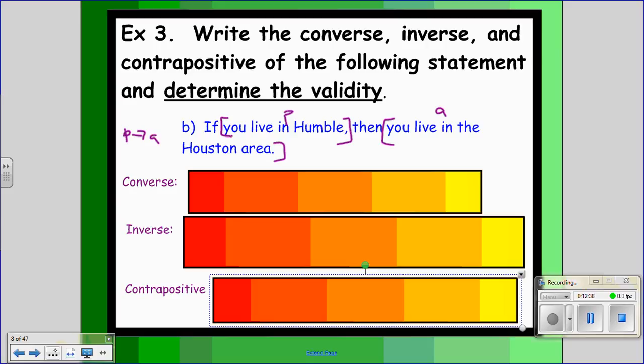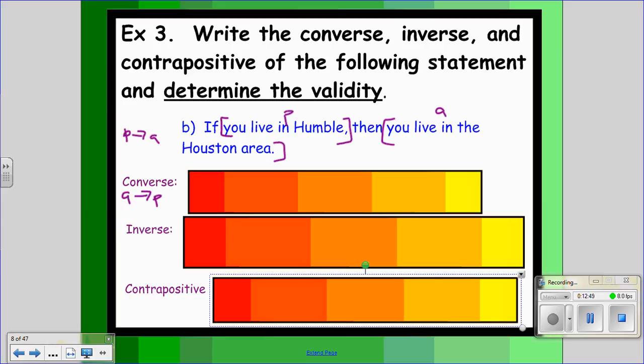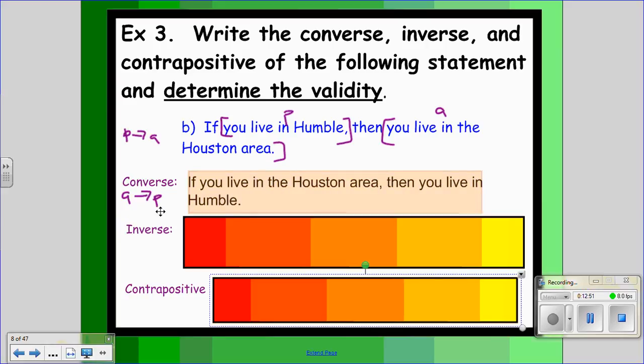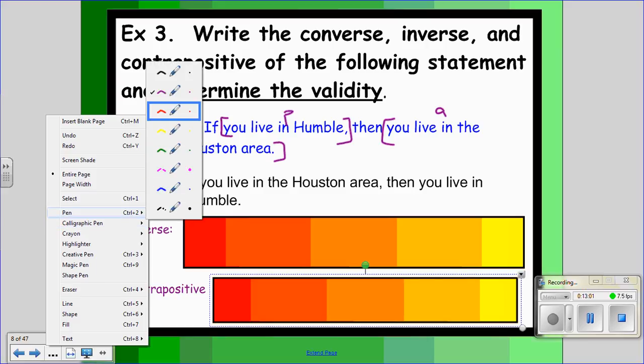So now the converse is again Q then P. So switch the order and you would have, if you live in the Houston area, then you live in Humble. Now the inverse. Inverse means add not.